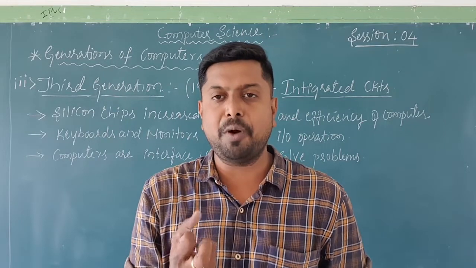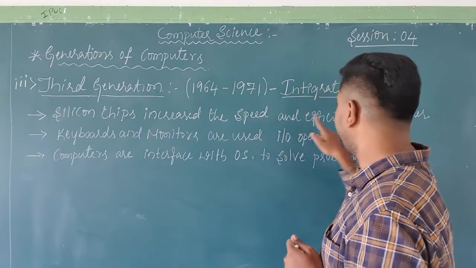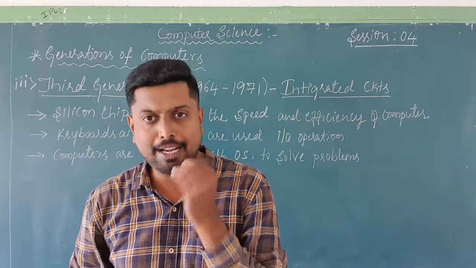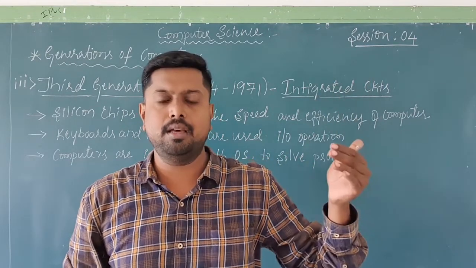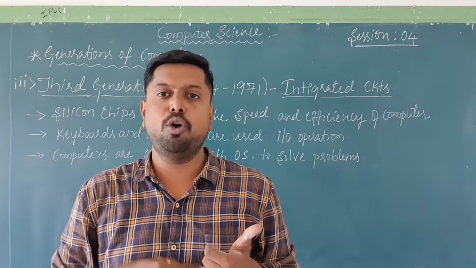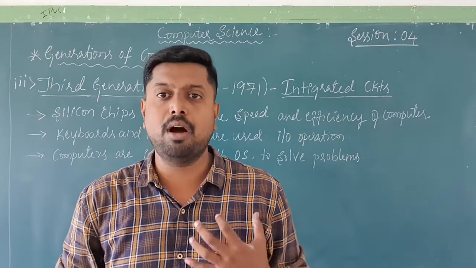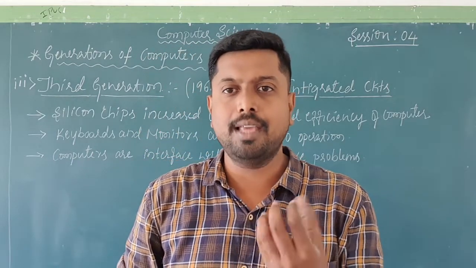Compared to vacuum tubes and transistors, integrated circuits work at more speed and are more efficient than these two devices, because we are using silicon chips. That is one property of the silicon chip.